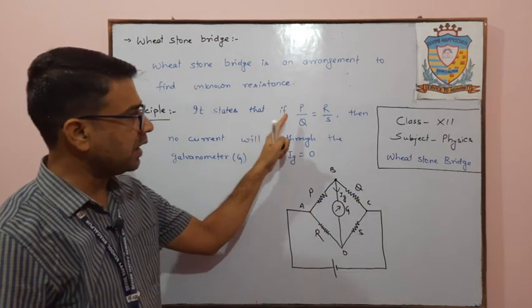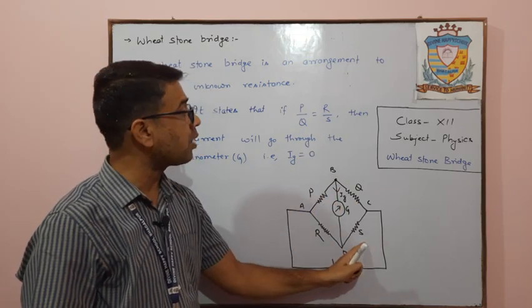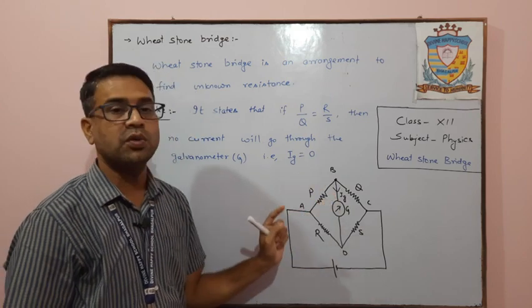If P by Q is equal to R by S, then no current will flow. That means the value of Ig is equal to 0.